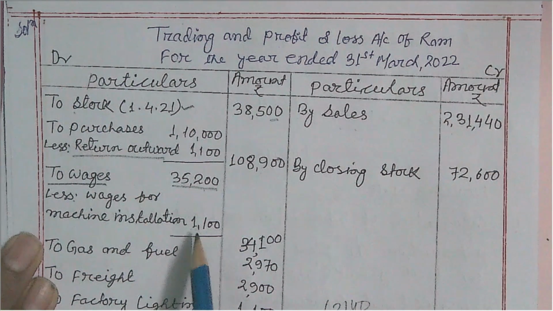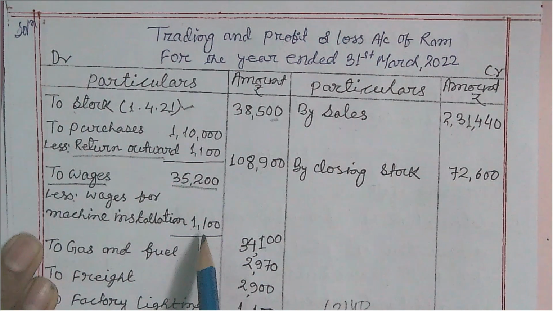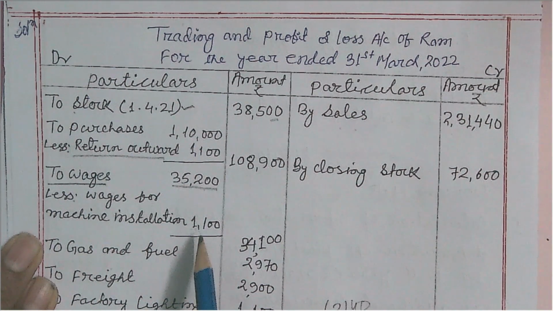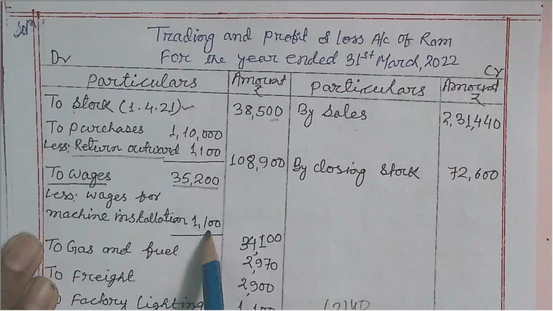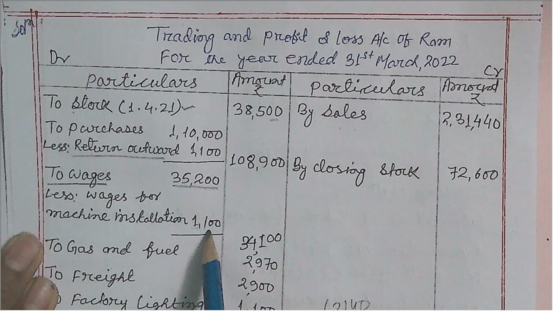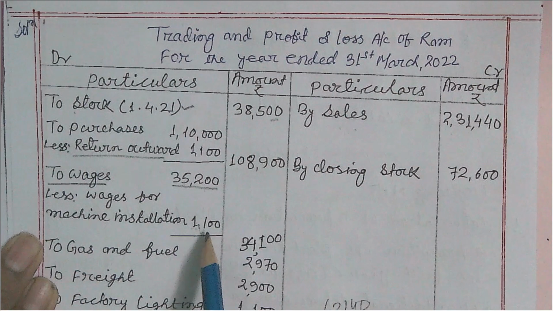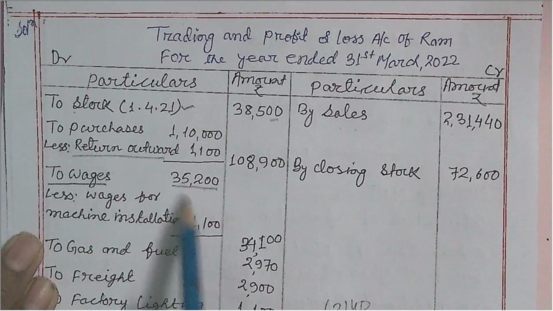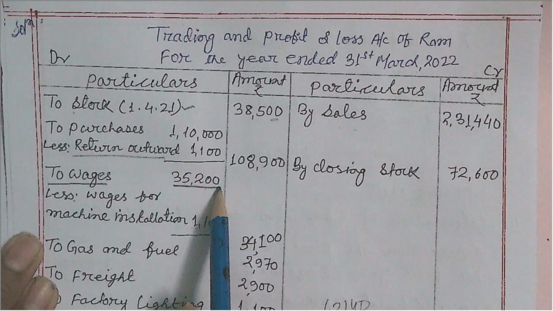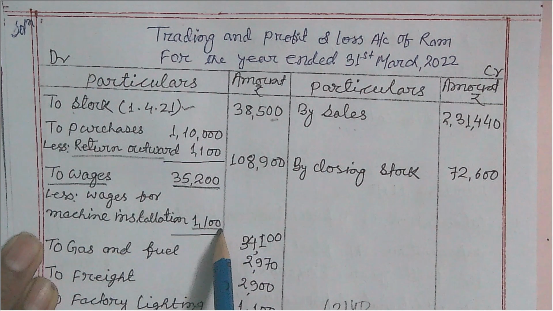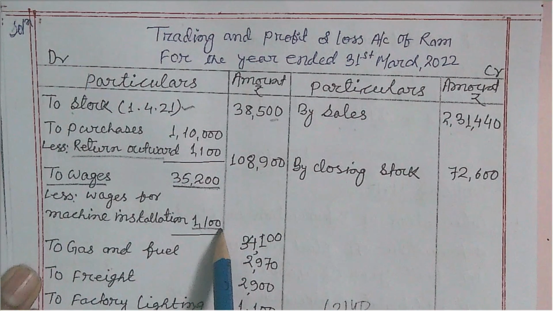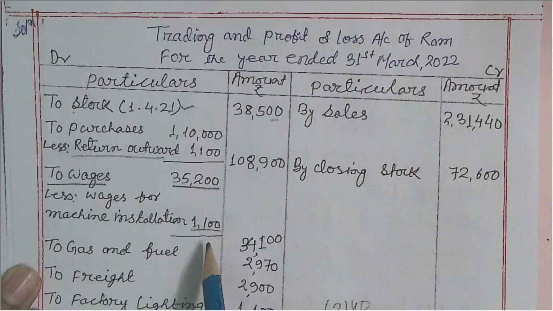In the given question, 15,400 is the cost of machine, and for installation these labor charges 1,100 were paid, and this amount will be added to cost of machine 15,400. We must deduct it from wages amount and add it to the cost of new machine. Later on you will find this in the working note.